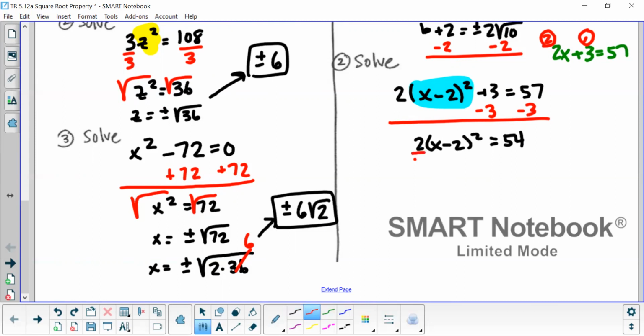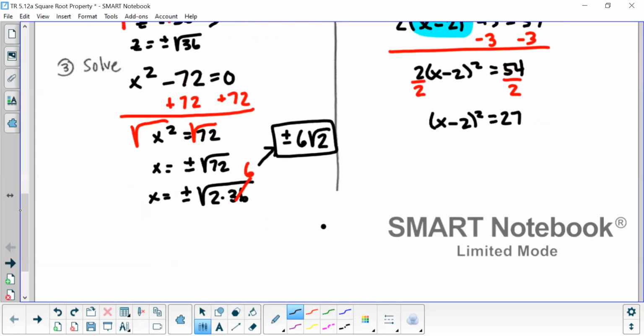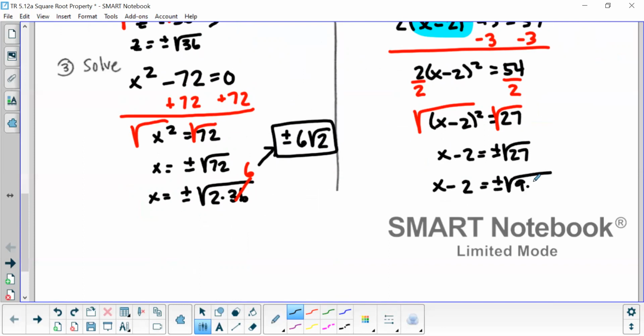Then divide by 2. And then I have this, x minus 2 squared equals 27. That's my binomial. And I apply the square root property to both sides, leaving me x minus 2 equals plus or minus square root of 27. I'm going to factor the 27 as 9 times 3, since 9 is a perfect square.